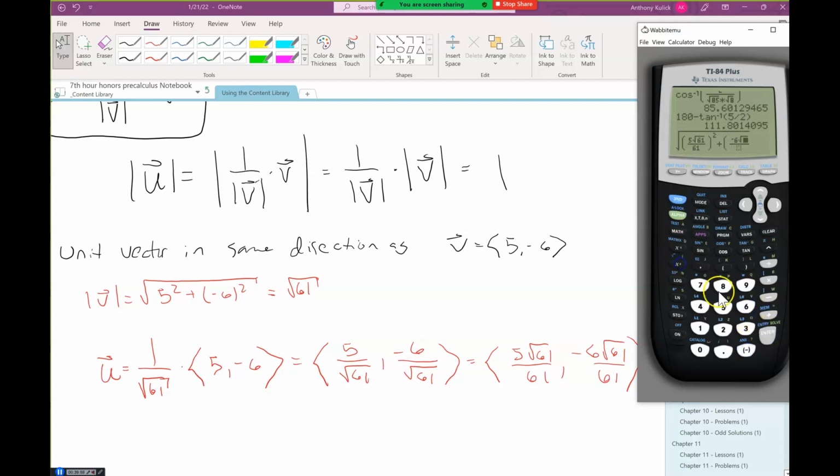Just to demonstrate to you that it is easy to check this. It's just, again, one line on your calculator. And it comes out to be 1. So I'm quite convinced that it's done correctly. So far, so good?